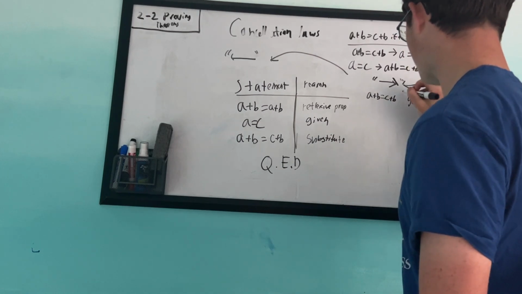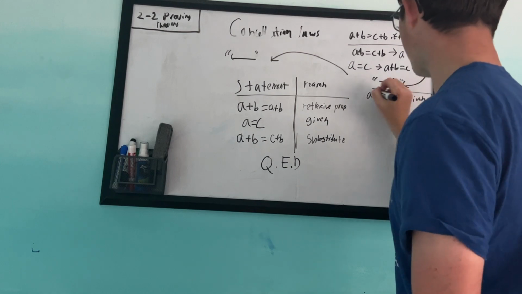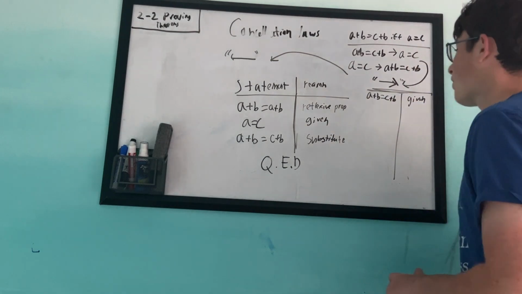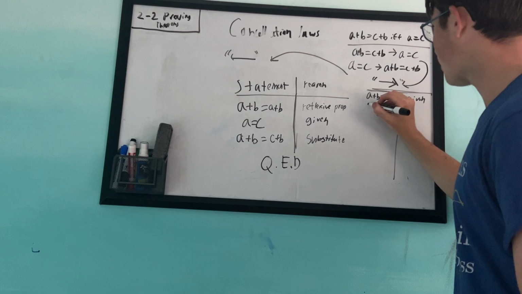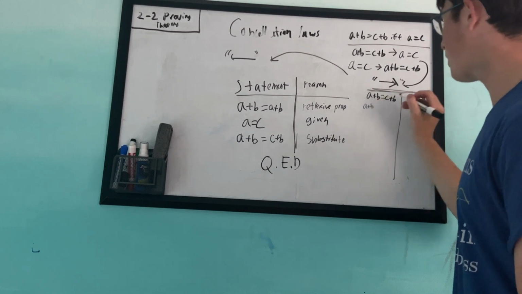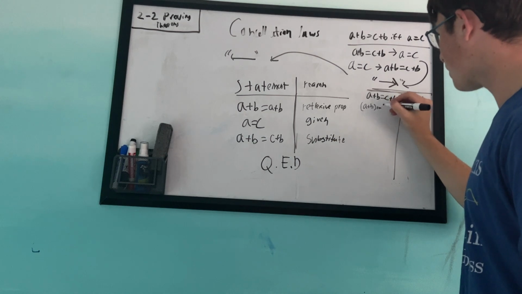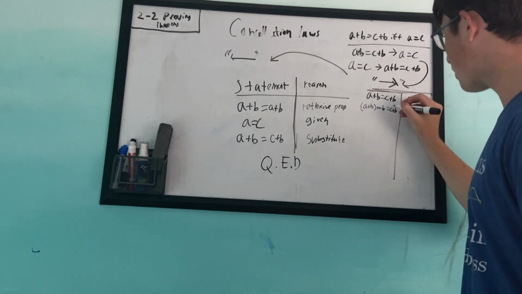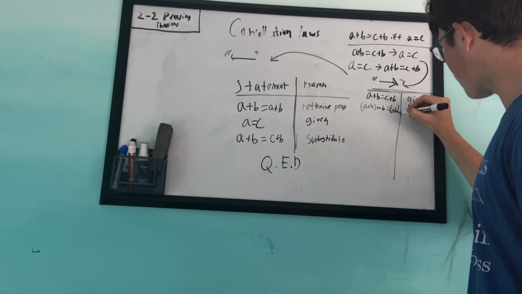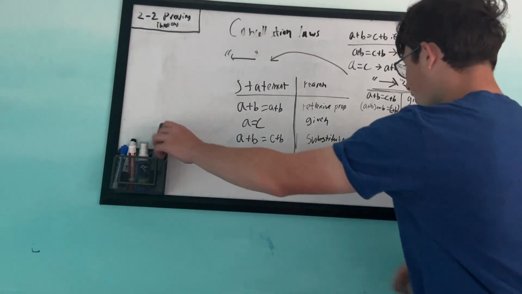This will be our first statement. And so this one is proven just straight off the left-hand side. Then we have A plus B plus negative B equals C plus B plus negative B. Oh, that's not a space. I'll rewrite that.